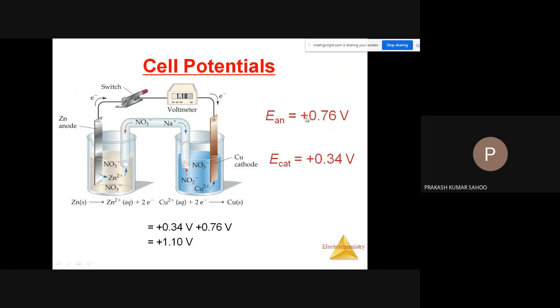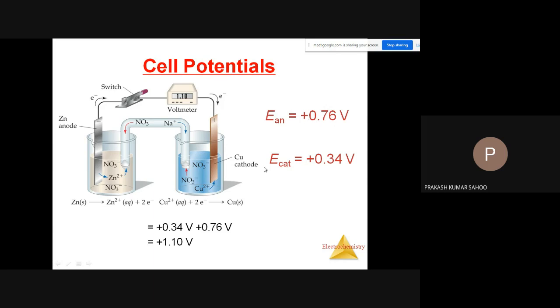This is minus 0.76. Of cathode it is plus 0.34. Here it is written plus 0.76. Sorry, the reduction potential is minus 0.76, then the oxidation potential will be plus 0.76.